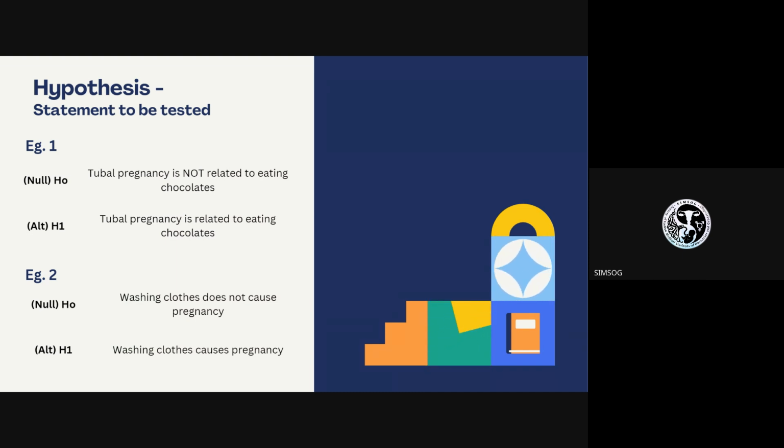It can be something positive. For example, now is the dengue season in Mumbai. I stay in Mumbai, and people say that papaya leaves improve platelet count. You can do it in two ways. One way, your null hypothesis could be that papaya leaf causes an increase in platelet count, and you can disprove that.